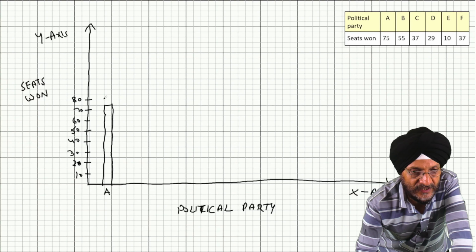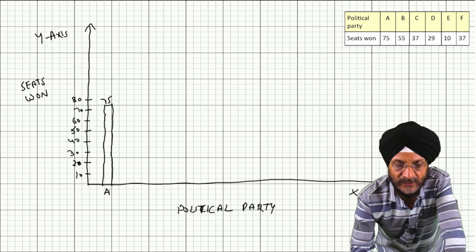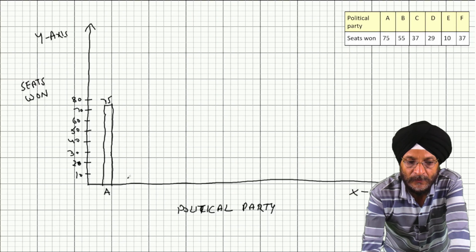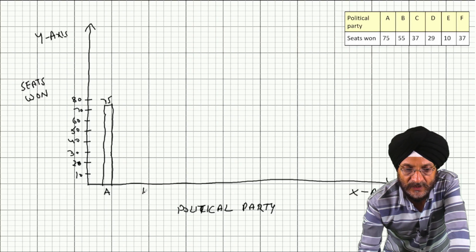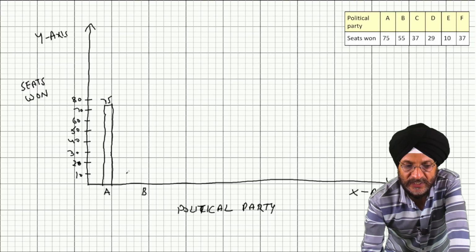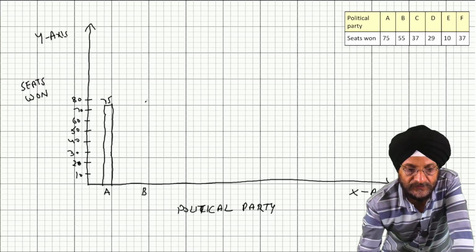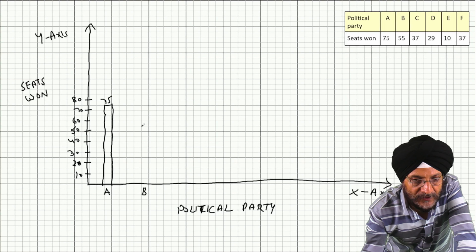So this is the number of seats won by political party A, 75. Now next is B. Please note that when we are drawing bars, there should be equal distance between one bar and another bar. So here the value is 55.